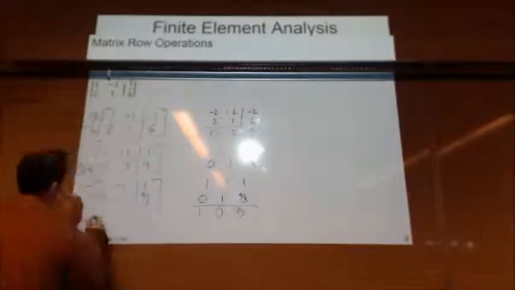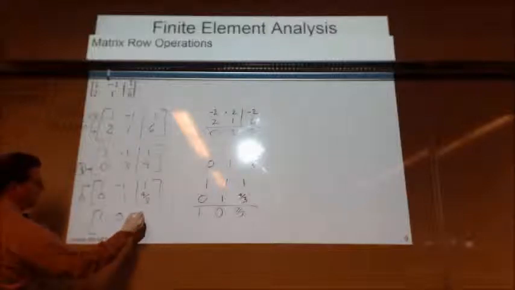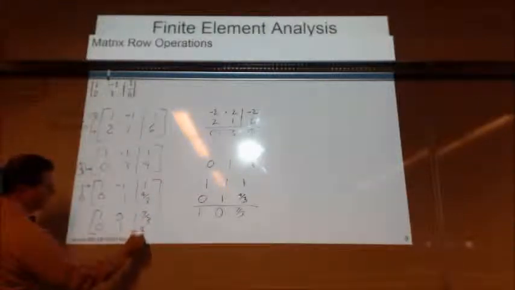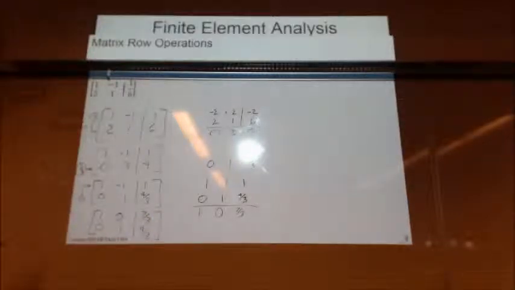So we'll squish this in down here. So we have 1, 0, 7/3. 0, 1, 4/3. So that's the solution to those two linear equations. Questions? Make sense? You can follow that anyway.